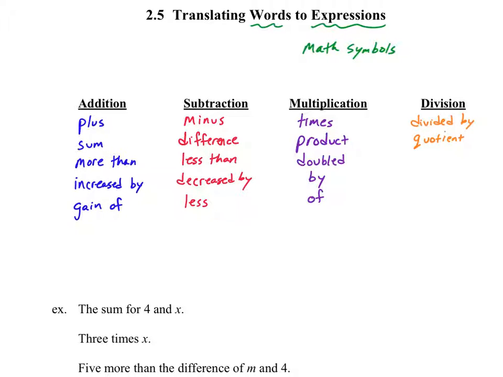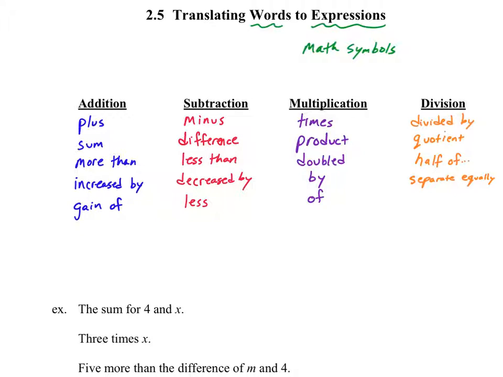Sometimes instead of doubled, they'll say like half of or 1/3 of. So you divide by 2 or divide by 3. Half of. Or separate equally. If you separate equally into 5 parts, and actually maybe it's in the homework. Separate equally.